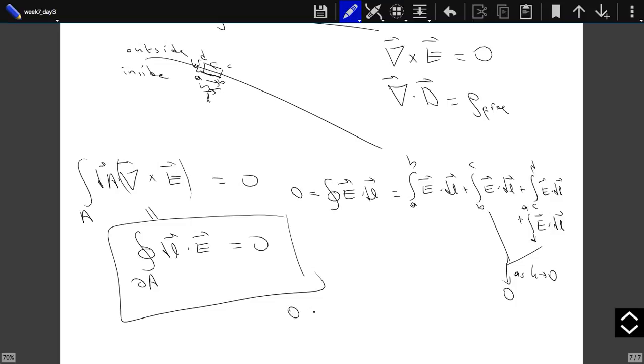So 0 is equal to E inside dot L. This is the integral from A to B, plus E outside dot minus L. This is the integral from C to D, because as I go from C to D, I'm going in the opposite direction, in the minus L direction.